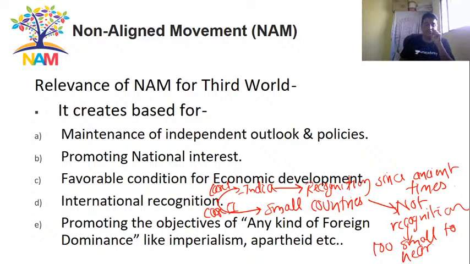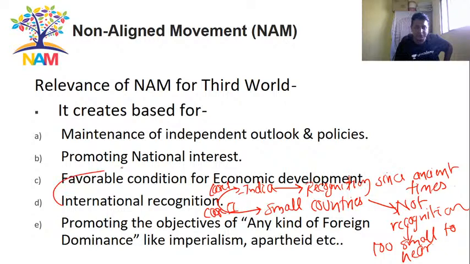There are two cases. If you compare with India, then you cannot imagine how NAM gave international recognition. But if you go to the second case, small countries where they don't have any voice. Just imagine America on one side and any small country on the other side. Do you really think anybody is going to listen or is interested to know what the problem is? Nobody.